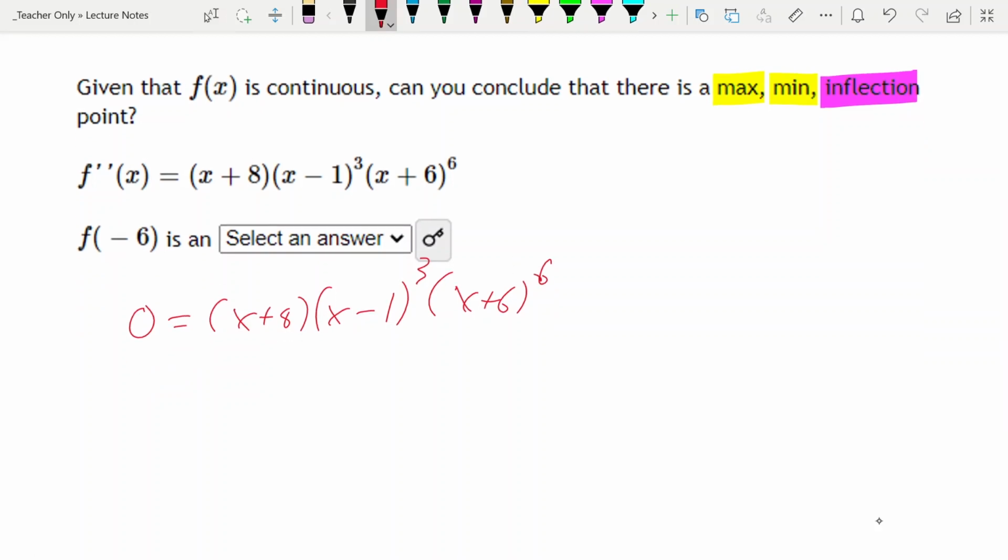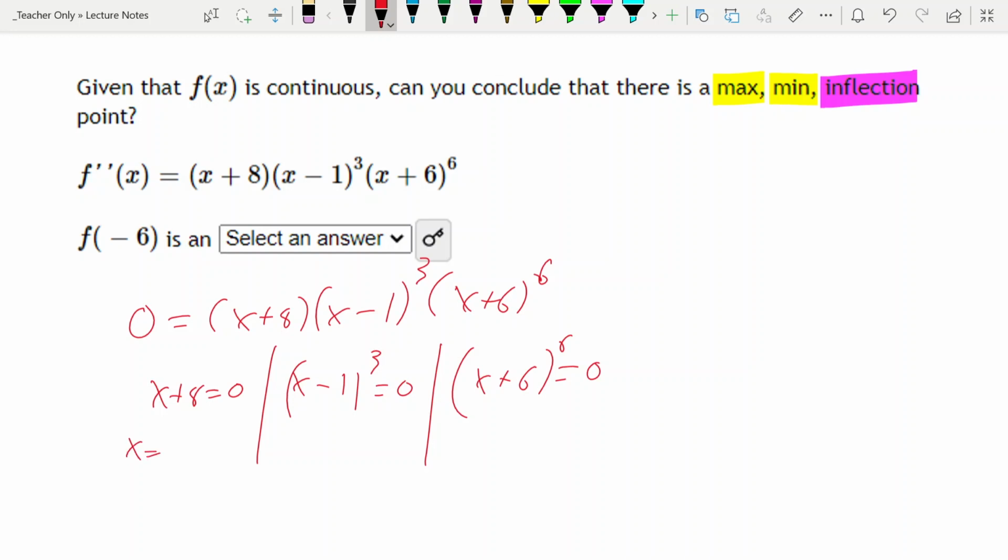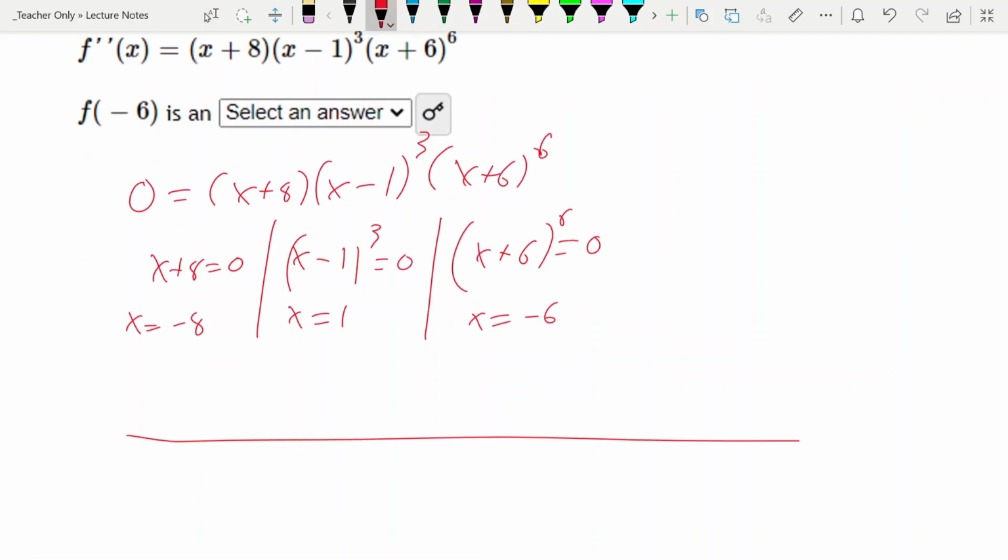It's already factored, so we set the first factor equal to 0, the second factor equal to 0, the third factor equal to 0. When we solve all of these, we get x equals -8, x equals +1, and x equals -6. That is very useful because we can now put these onto a second derivative number line.